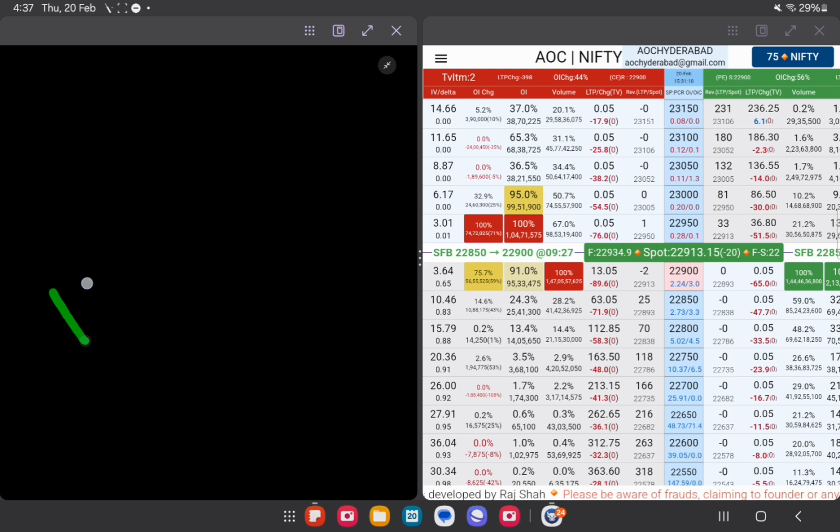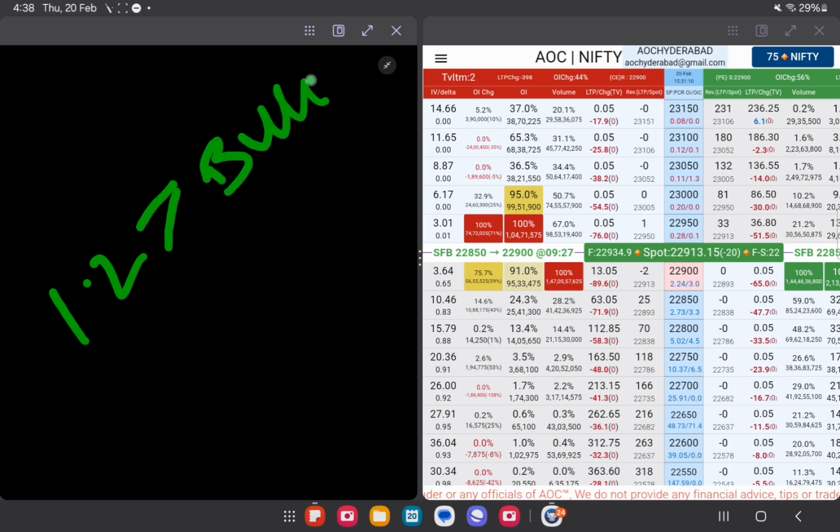If the data is more than 1.2, which means for every 10 calls there are 12 puts, then it is assumed as bullish. There is bullishness in the market. That is how it is denoted.